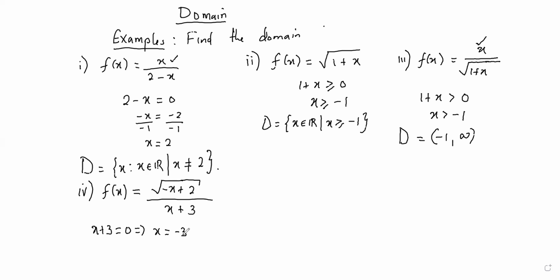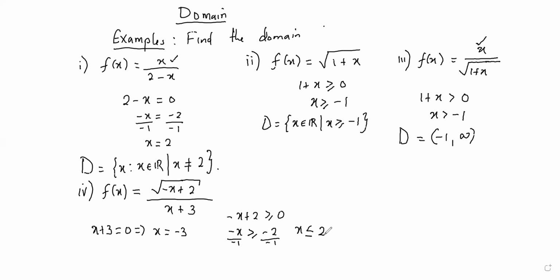What else? -x plus 2 should be greater or equal to 0. So meaning -x should be greater or equal to -2 divided by -1. So we get x is less or equal to +2. Now these two should be combined.